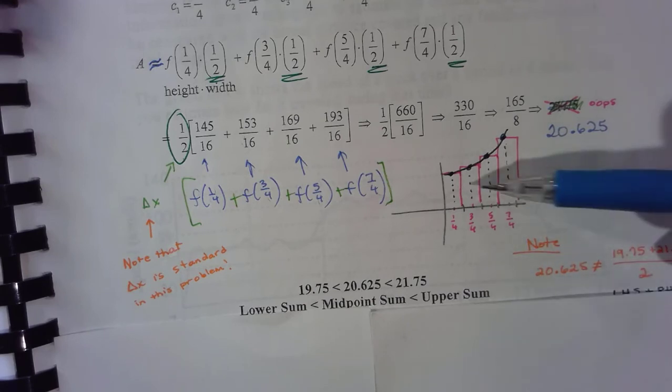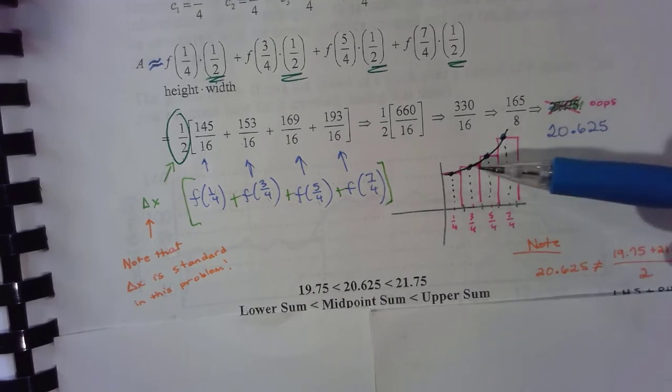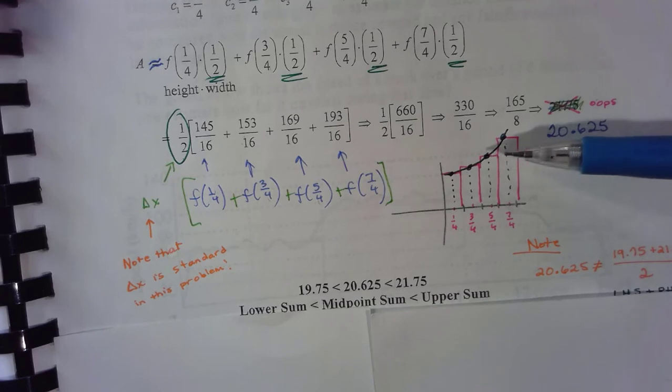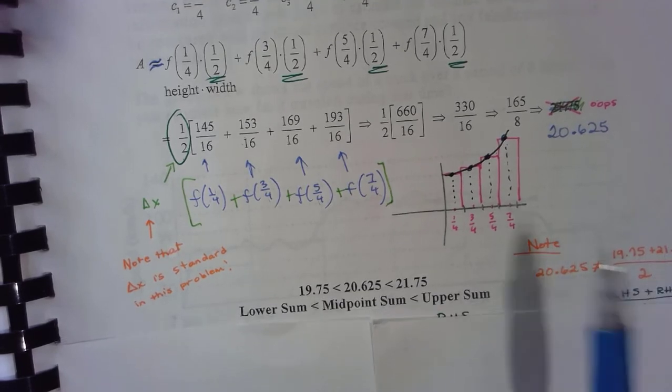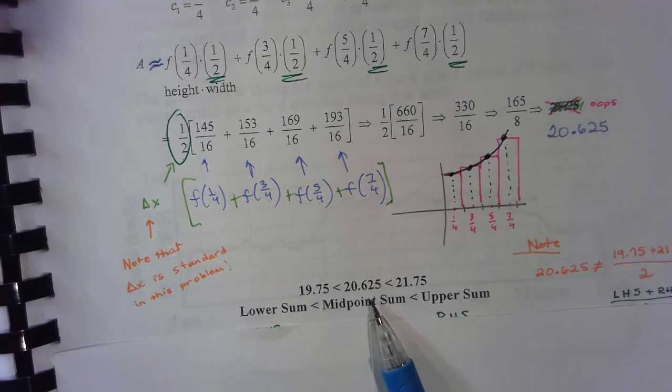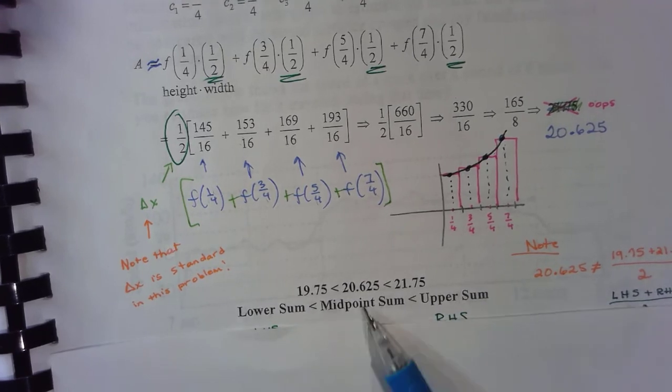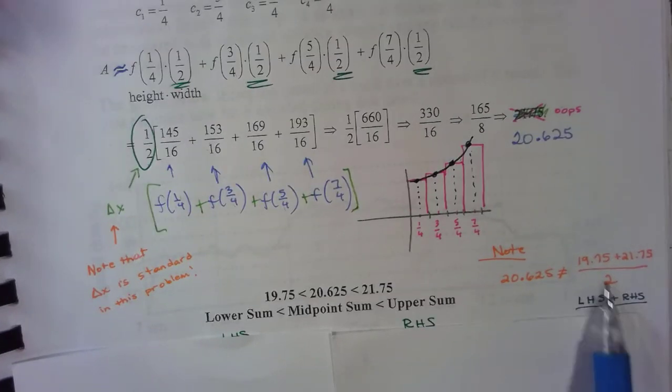And notice my diagram is going to look a little different. Notice that in each rectangle, I have a little bit being left out and a little bit being added that shouldn't be added. So that might give us closer to our actual area. And it is between our lower and upper sum. Now, note that this is not the average of my upper and lower sum.